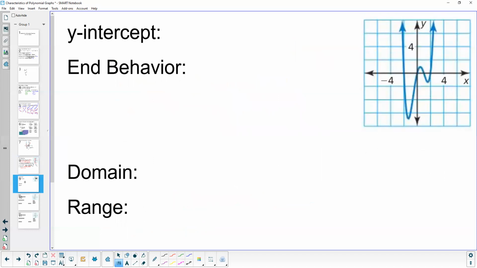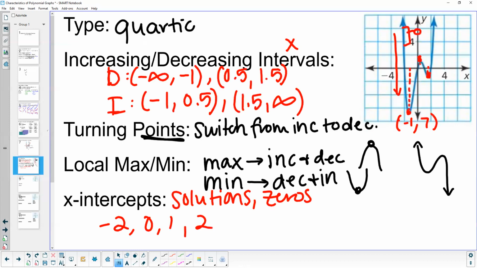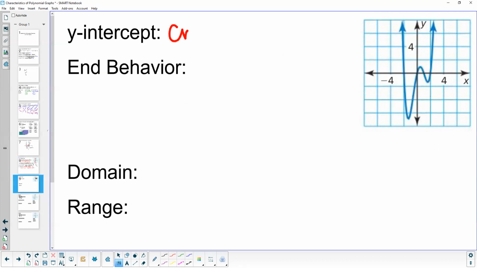There are a few other characteristics that we're going to identify here. One of them is our y-intercept. In case you forgot, for our x-intercepts the solutions are 0. Those are where the function crosses the x-axis, in case you were trying to figure out where those numbers came from. Our y-intercept, then, is where it crosses the y-axis.